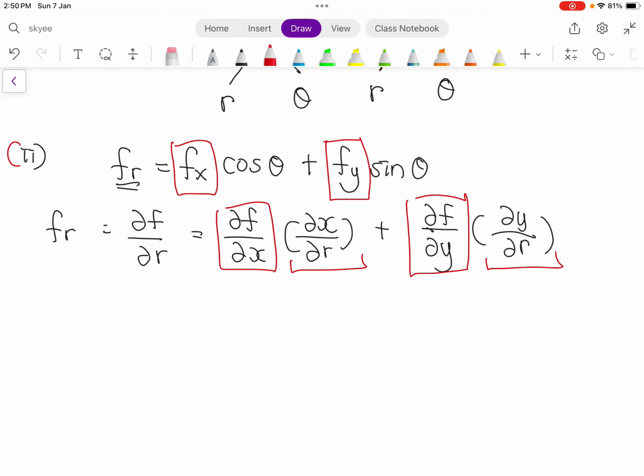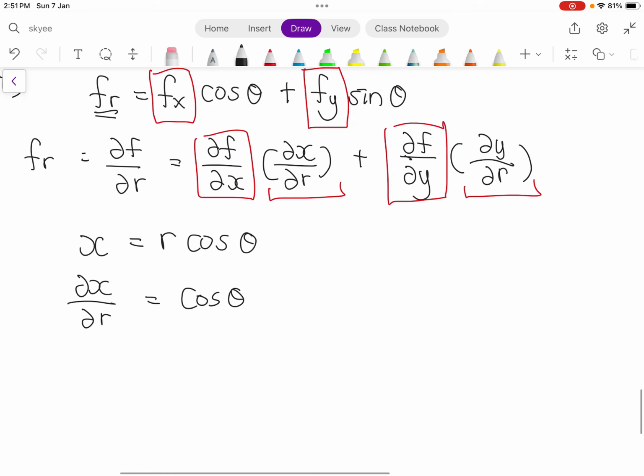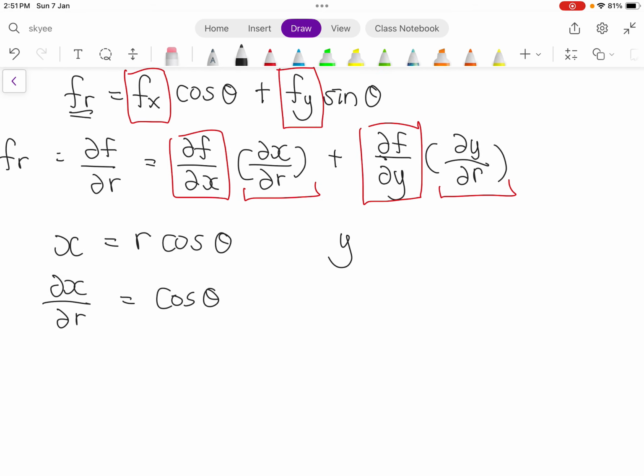Del x del r. Since x equals r cos theta, del x del r will be equal to cos theta. And for y equals r sin theta, del y del r is equal to sin theta. You can see the answer is over here.